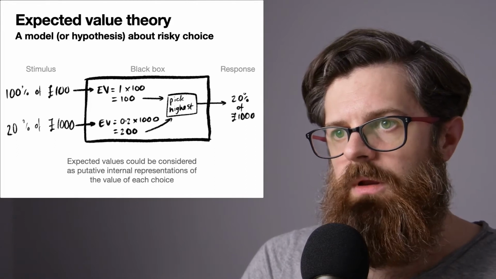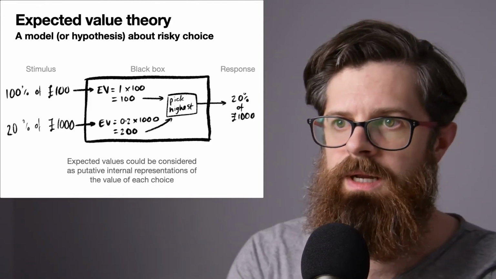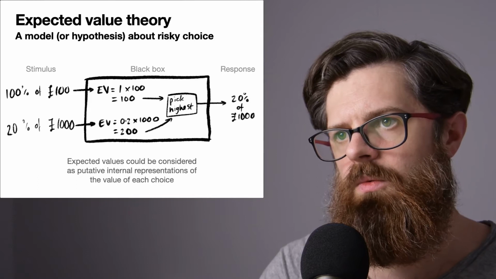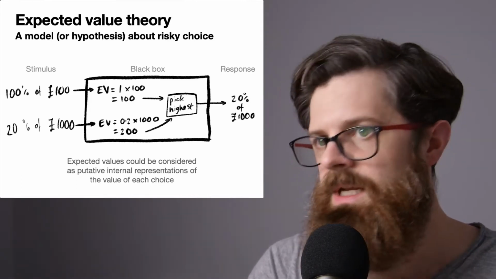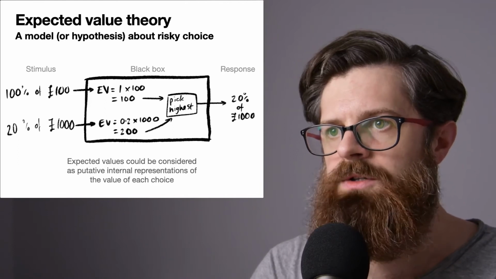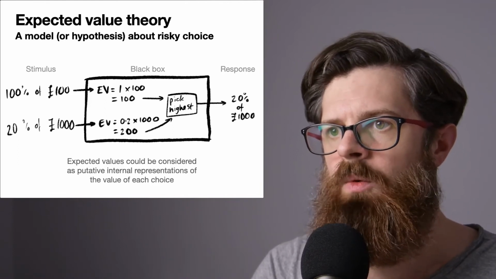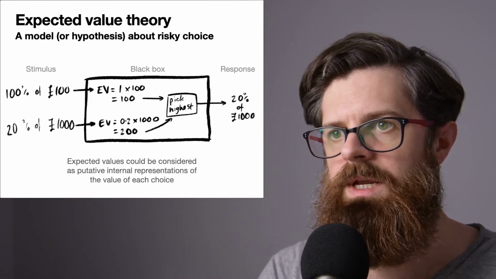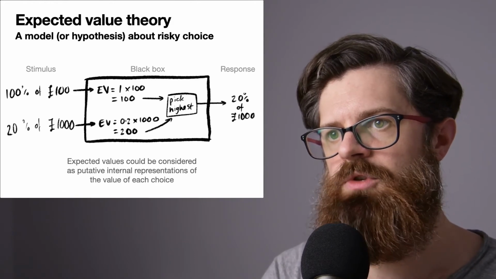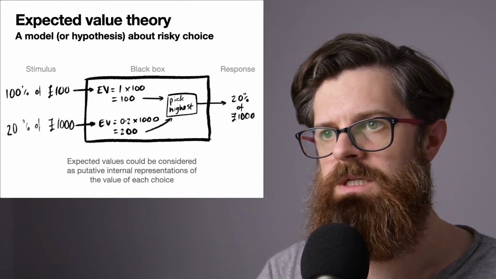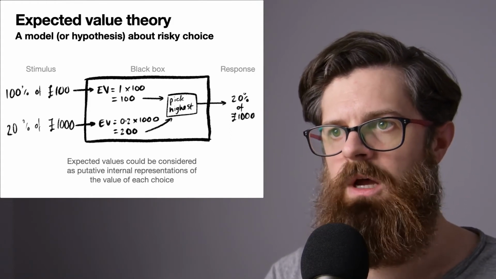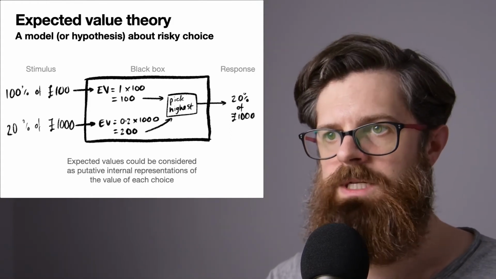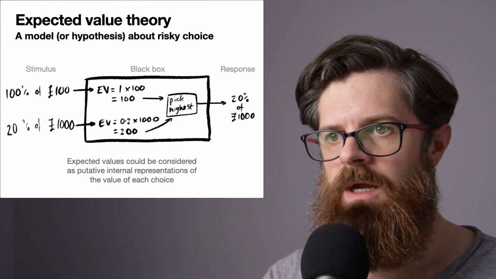Now, as a slight aside, we can think about what these expected values mean. These expected values aren't really a property of the external world as such. Instead, if you were to sit a participant down and say, do you want 100% chance of £100, or would you like 20% chance of £1,000?